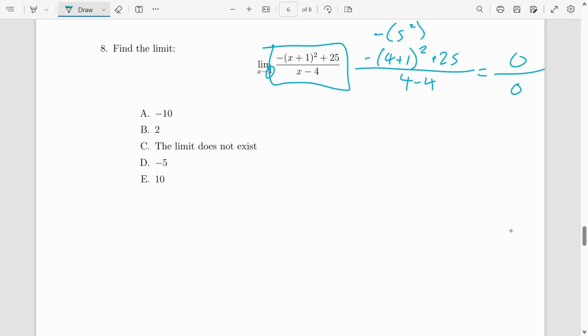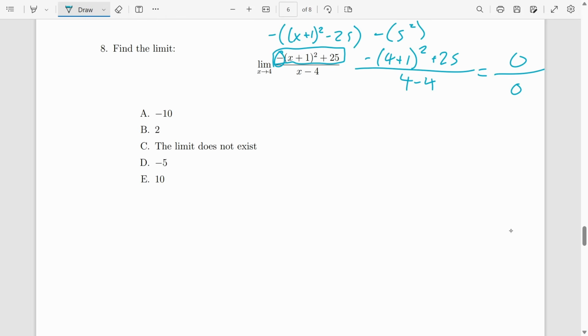But what I think is a lot easier, actually, is realizing that if you were to take the numerator here, and we take out this minus sign at the front, if we multiply everything by a negative and then put it out front, we get x plus 1 squared, no, not plus 25, it'd be minus 25 now.